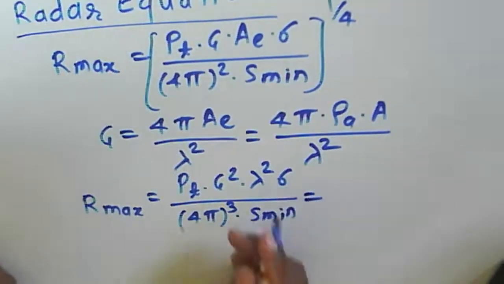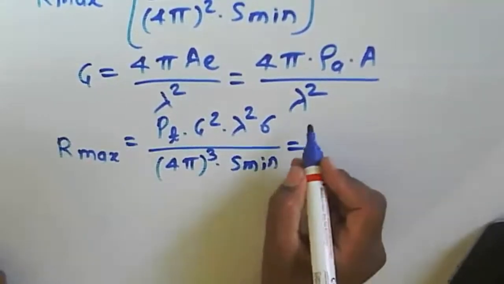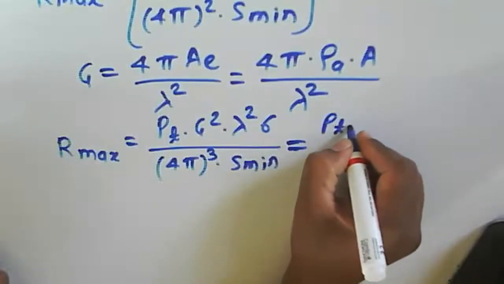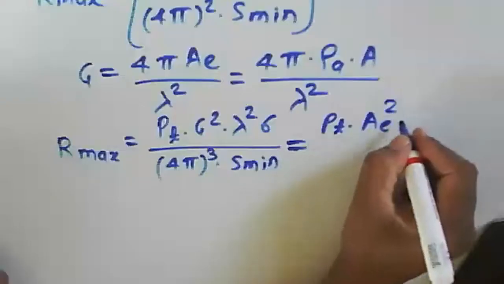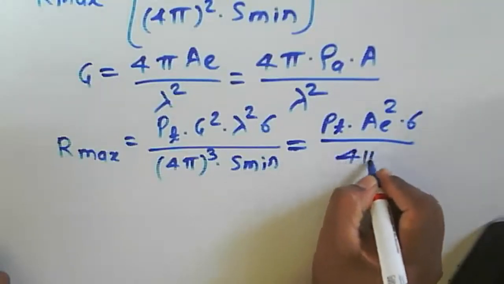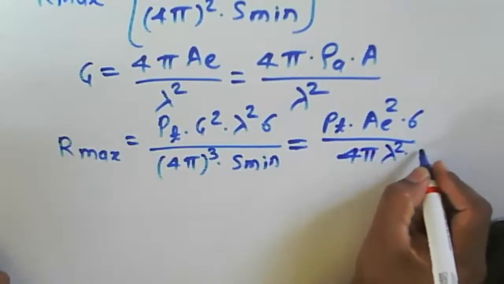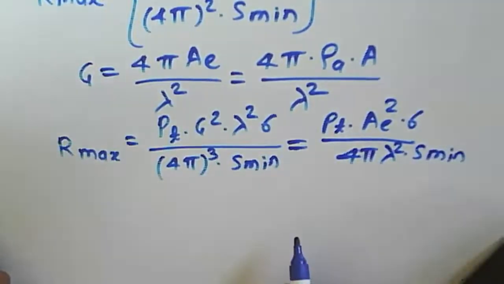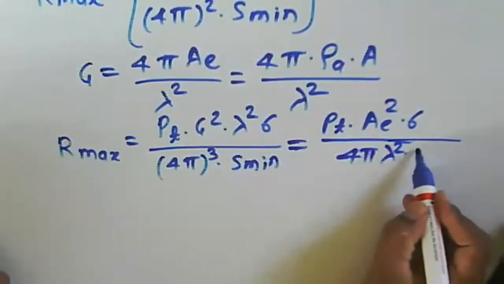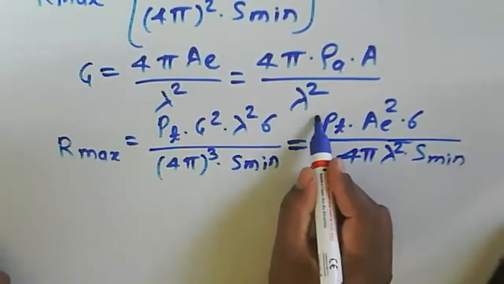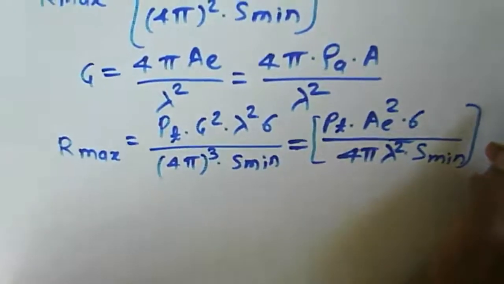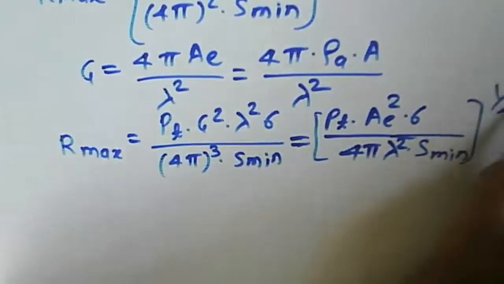Or again, we can write it another way in terms of the effective aperture area: P T, effective aperture area A e, then the cross section sigma, divided by 4 pi lambda squared S minimum, where S minimum is the minimum detectable signal, all raised to the power of 1 by 4.